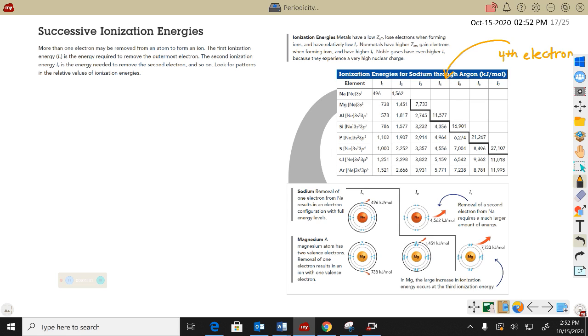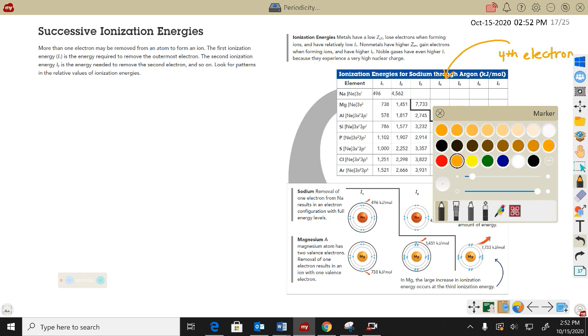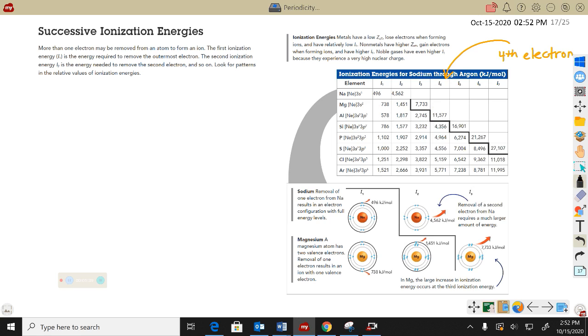Number one, I'm not sure why it's not like this, but you might want to extend this black staircase. It should go up to sodium as well. I'm not sure why it wasn't, but you could do that if you want to.